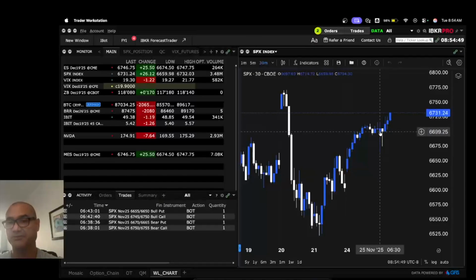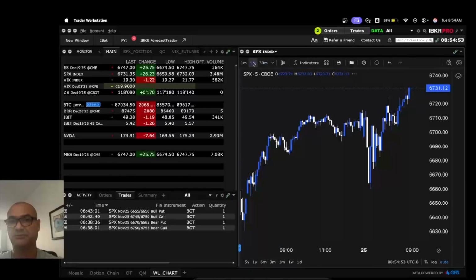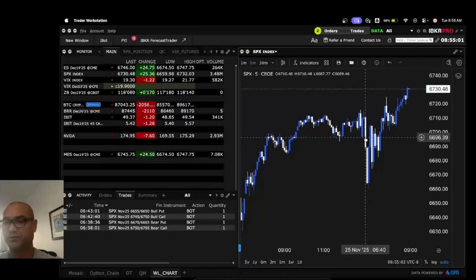the market started to go down. So let me actually switch to 5-minute candles. Let me go out to 6:30. Okay, so between 6:35 and 6:40, we see that there was a drop from high to low of 23 handles.